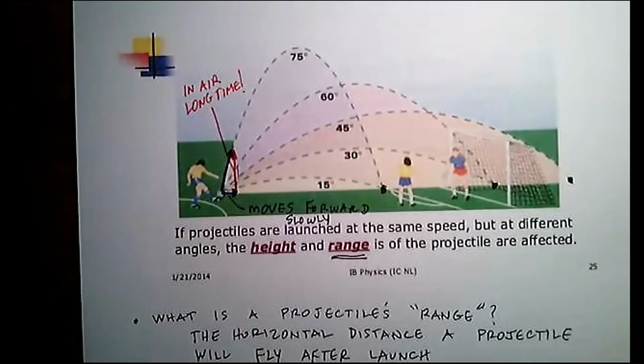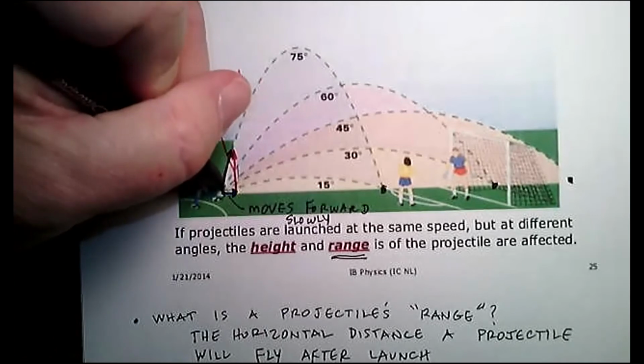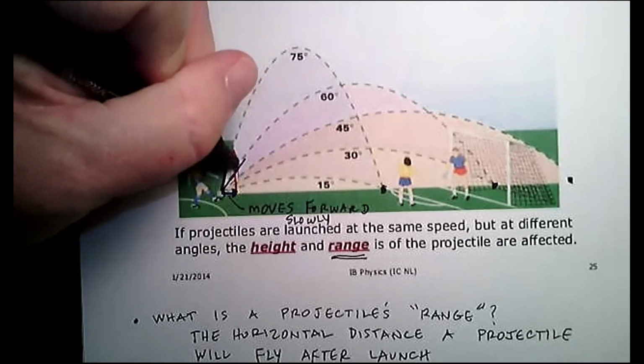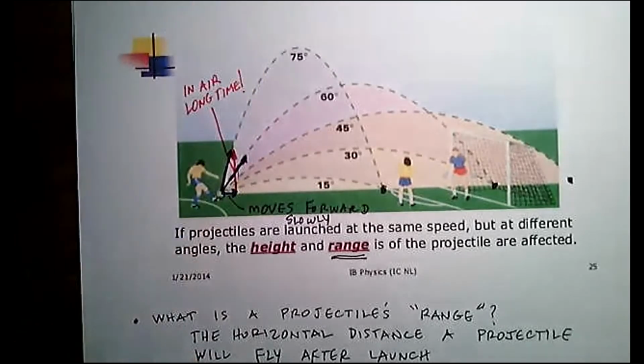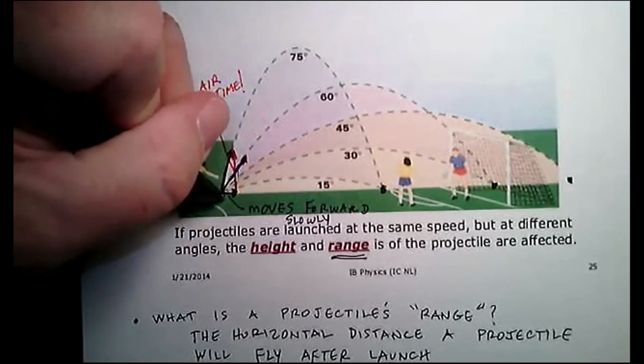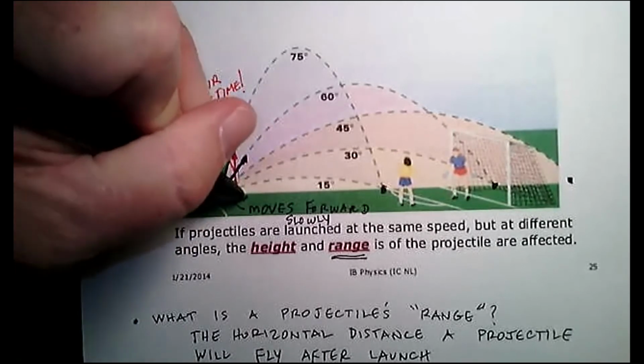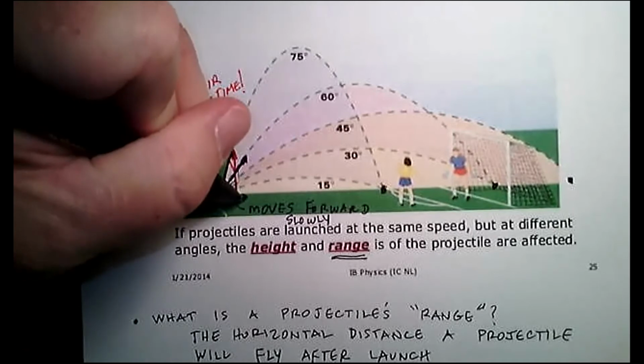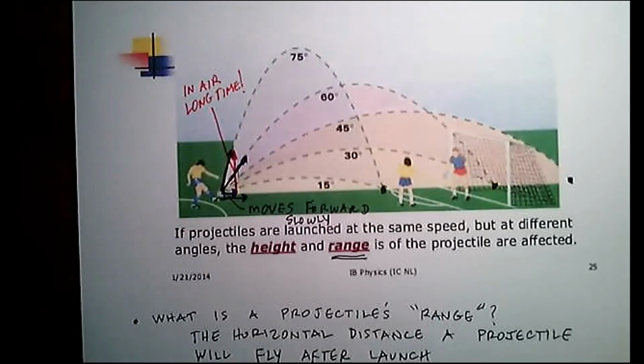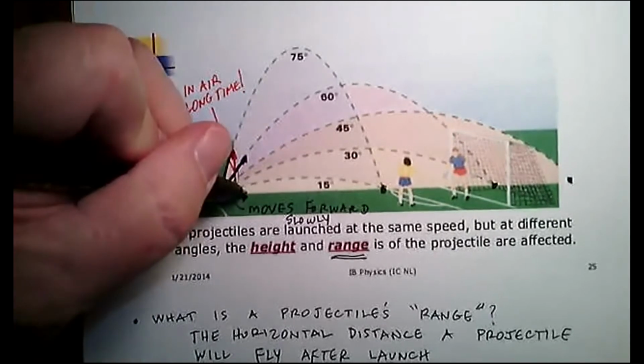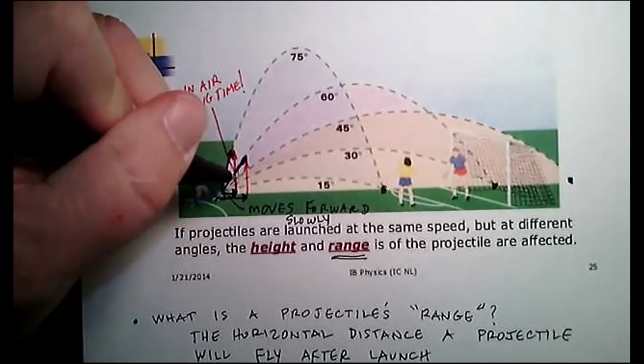I'm going to make a huge mess out of this, but if I look at 60, its launch angle is going to be like this, which means you're going to have a little bit more forward speed, but not quite as much upward speed.